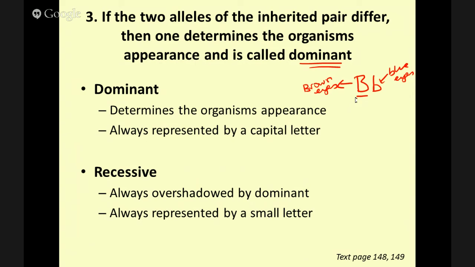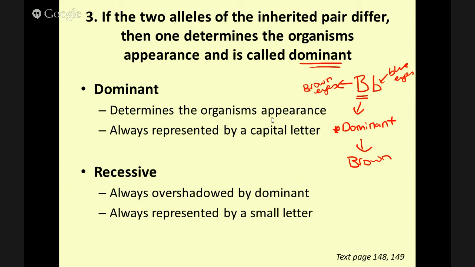Remember, the big letter is always the dominant one, so the dominant trait will overshadow the recessive trait. If you have the genes for brown eyes and the genes for blue eyes, your eyes are going to be the dominant color. You will have brown eyes. So we're going to use this as we go through and study the different genetic problems that we have to do.